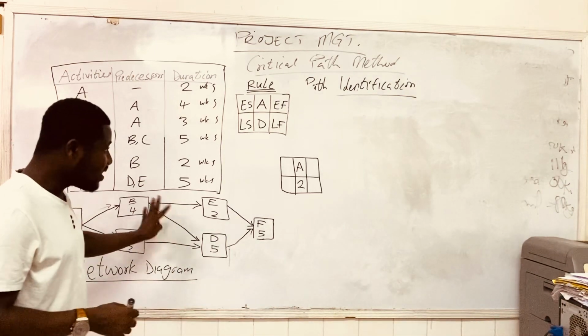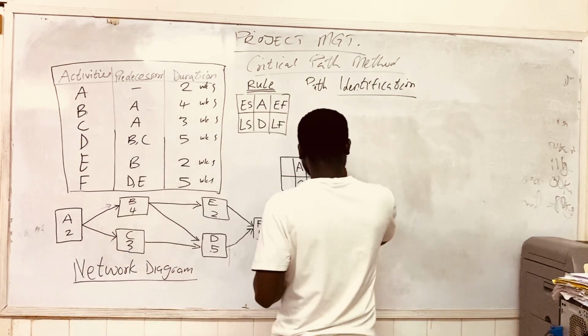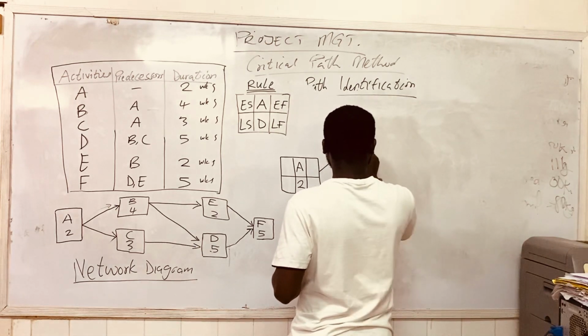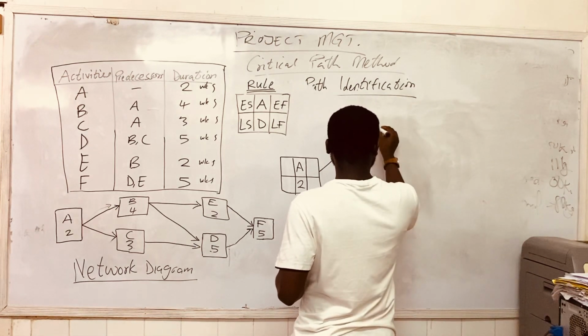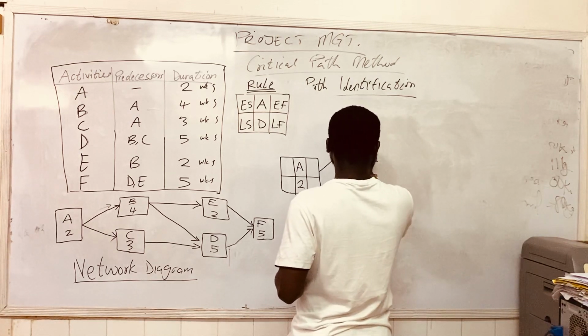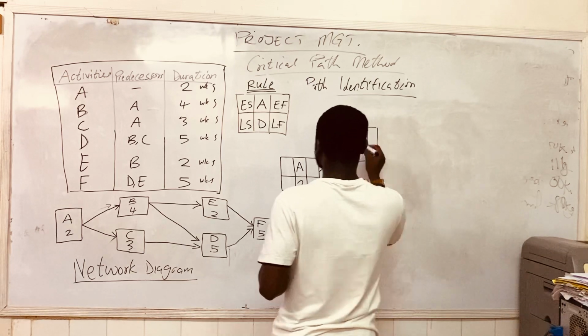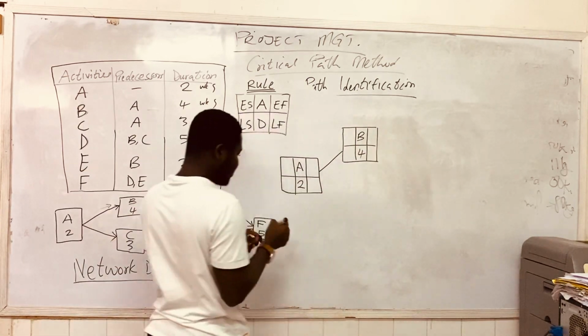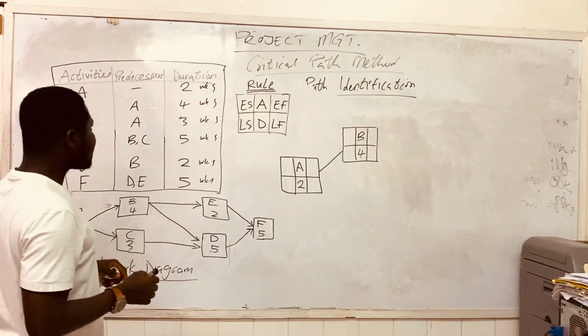I told you we are drawing the same diagram. And so from here, we go to activity B, and then we get our 6 boxes nicely drawn here. Activity B has 4 weeks, so 4. Very good.